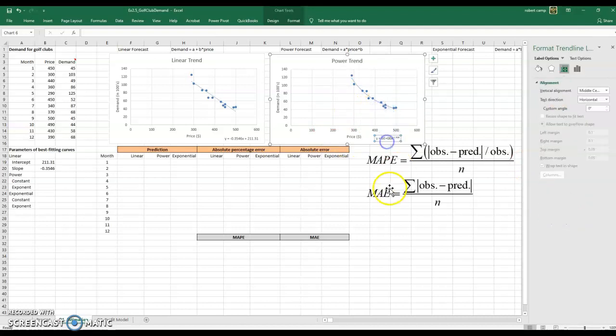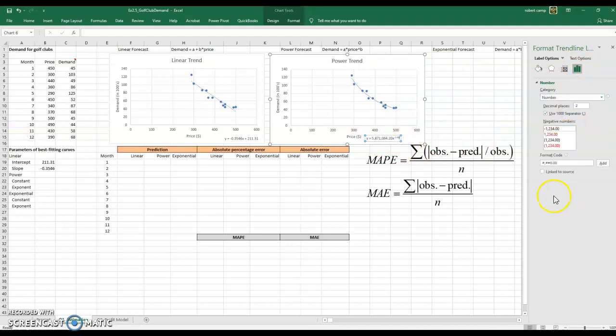I'm going to pull that down here. Now, an issue with this, as we can see, since this is an exponential, it's kind of hard to read, because it's actually not just really the 6e to whatever. And so if I do change that to number now, instead of just general, you'll notice it expands it out. And so there's a big difference between 6 million there and 5.871 million.